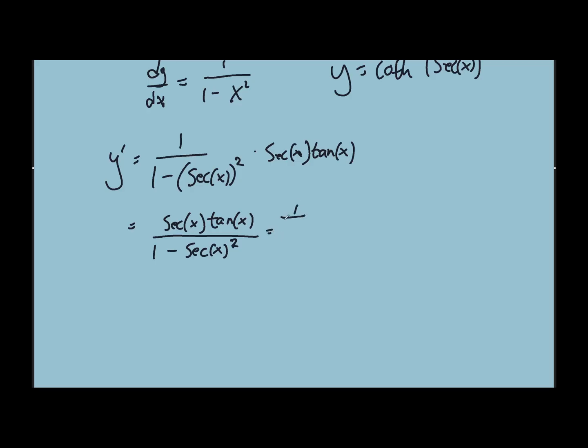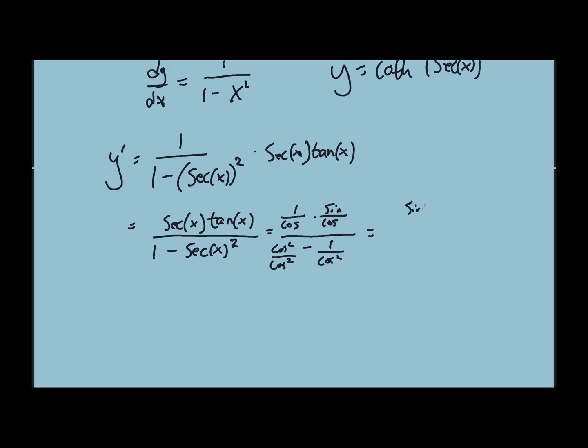So this is a 1 over cosine times sine over cosine divided by, well, this one's going to be a minus 1 over cosine squared. So if I write this as a cosine squared over cosine squared, then these can have a shared denominator. So let's try that first.